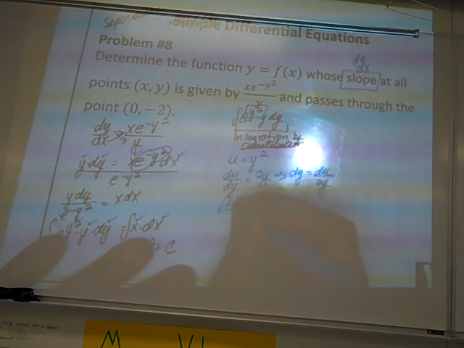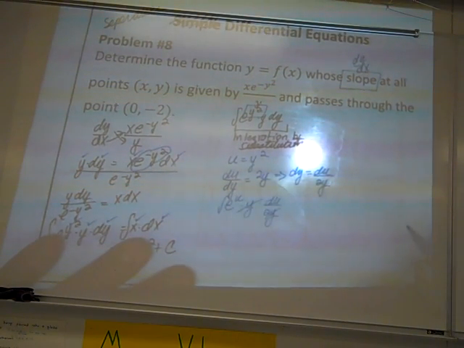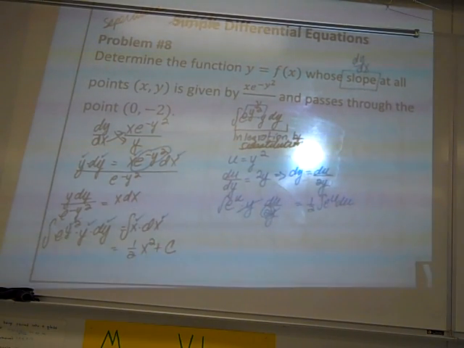Instead of e to the y squared, that's too ugly, I'm going to write it as e to the u. Times the y is there for now, but watch what's going to happen. The dy is replaced by du over 2y. Those y's cancel out. That 2 is in the denominator, so I can factor it out in front of the integral. I've got 1/2 e to the u du.